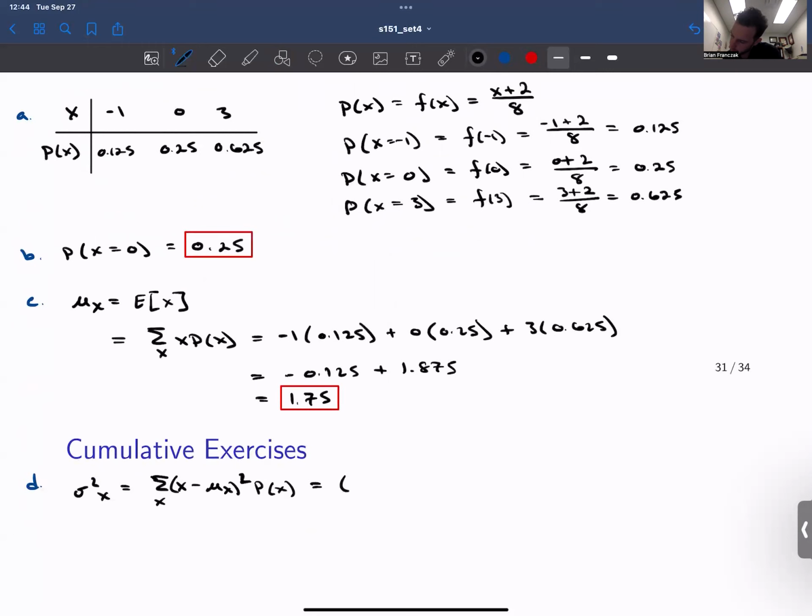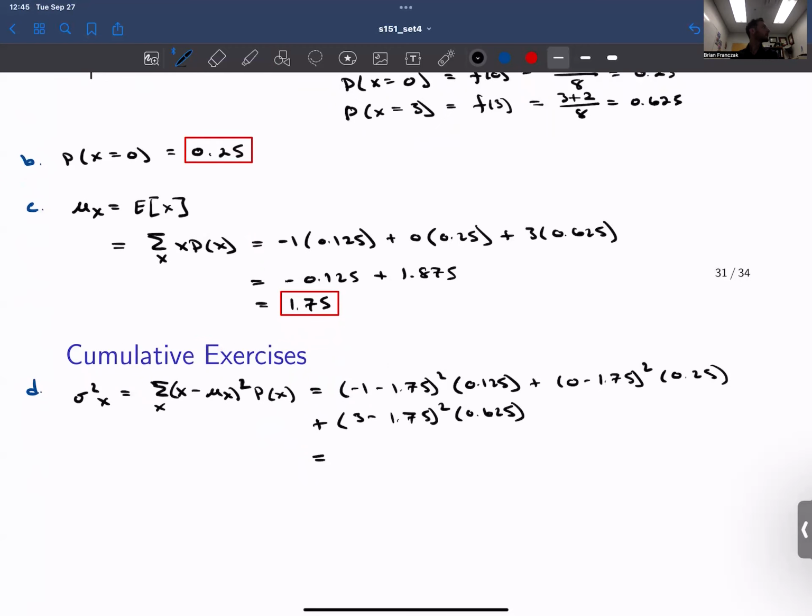So this is going to be negative 1 minus 1.75 squared multiplied by 0.125 plus 0 minus 1.75 squared multiplied by 0.25 plus 3 minus 1.75 squared multiplied by 0.625.